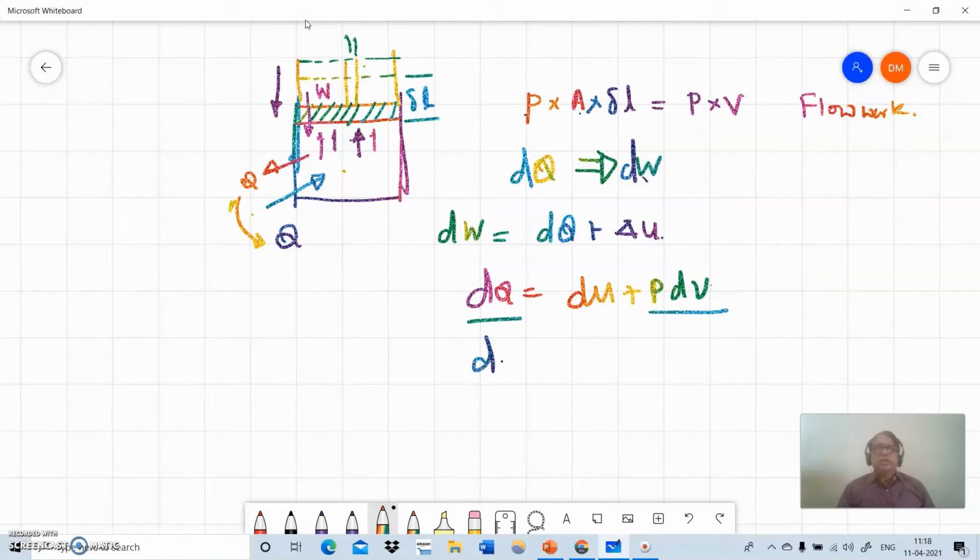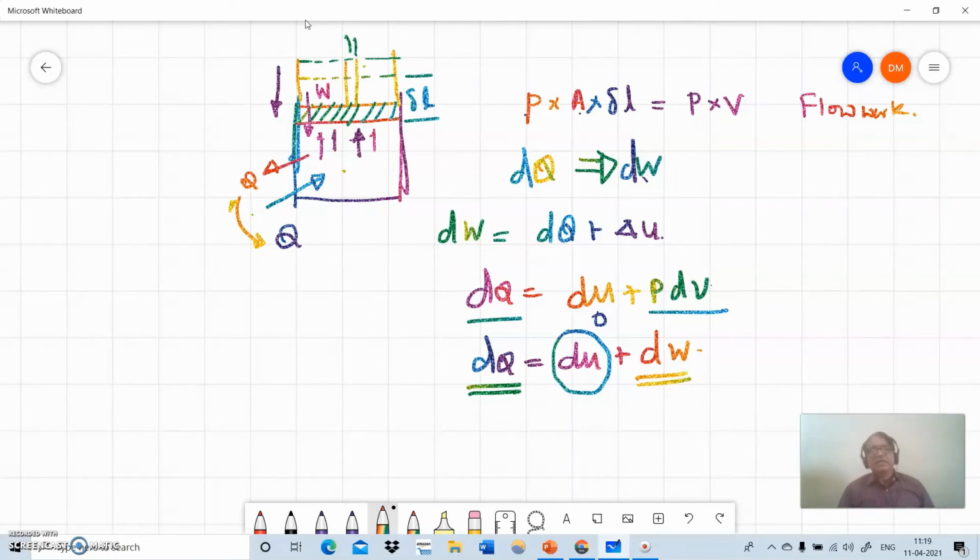It is the work done, right? So dU plus the work done dW. If there is a complete transformation, then dU would be 0. But usually this will not happen, because some energy will be stored within the system. That is not available, so that stored energy is known as internal energy.